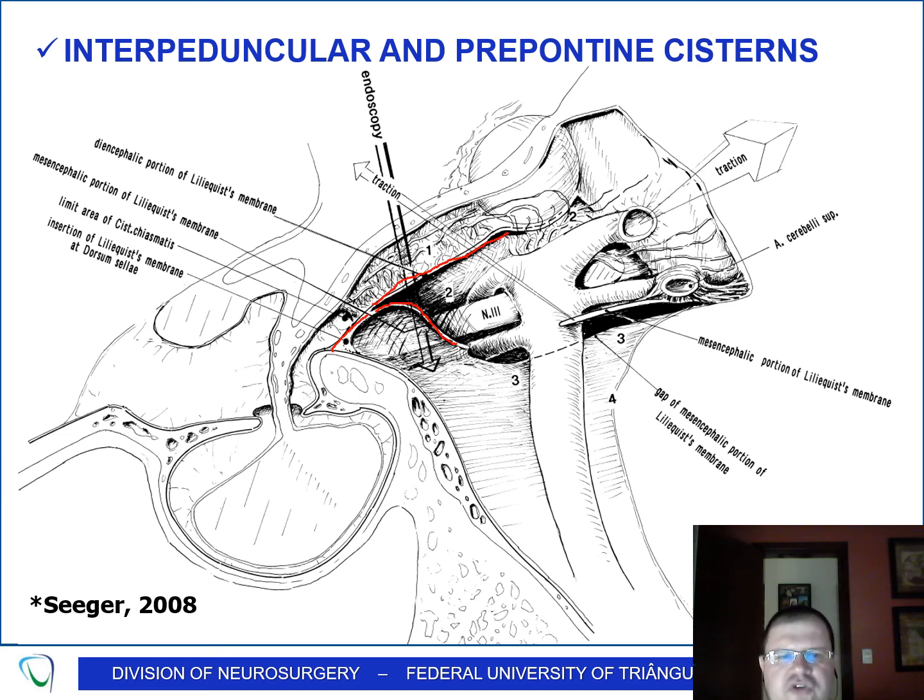The structures above the mesencephalic part of the Liliequist membrane, these two parts, 1 and 2, is the interpeduncular system. And below the mesencephalic part of the Liliequist membrane, this region is the prepontine system here.